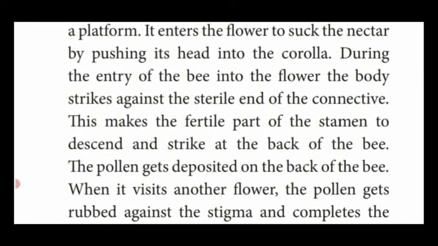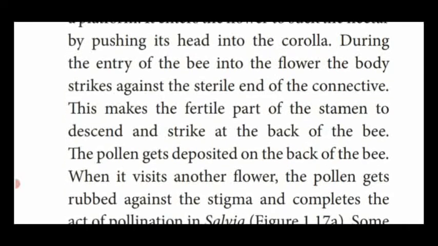During the entry into the flower, the body strikes against the sterile end of the connective, because this is the upper lobe. The striking of the sterile end of the connective tissue makes the fertile lobes descend, and the pollen grains strike the back of the bee.